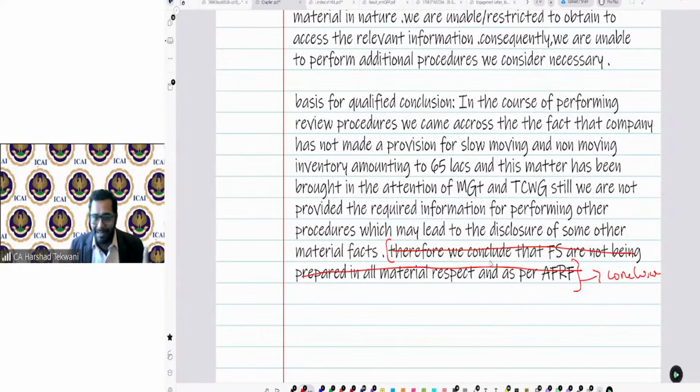The rest of the things are still good. But the last line should be part of your conclusion paragraph, not the basis for conclusion. Basis for conclusion provides why you are concluding qualified or adverse. But "therefore we conclude" is a conclusion, not the basis. That's why it should not come here. Everything else is good in this one also.